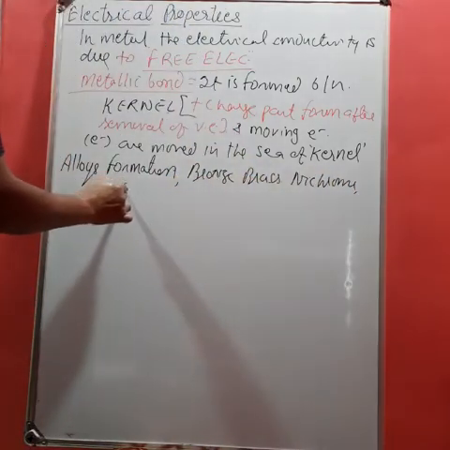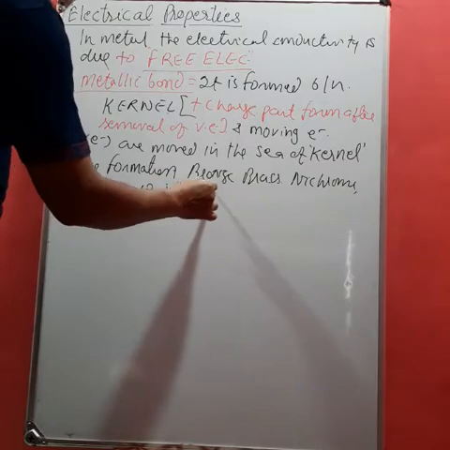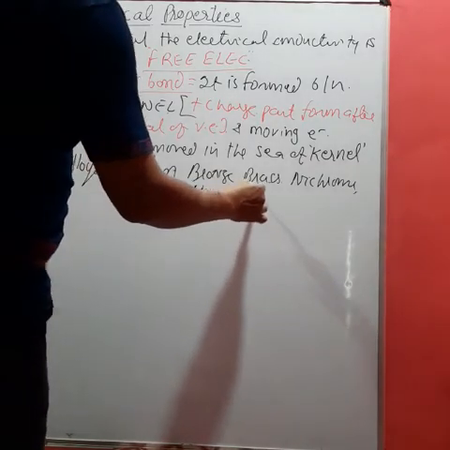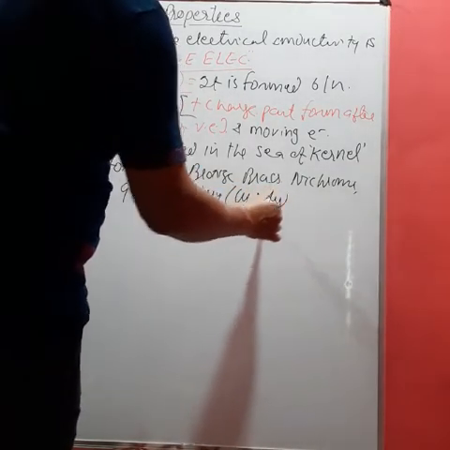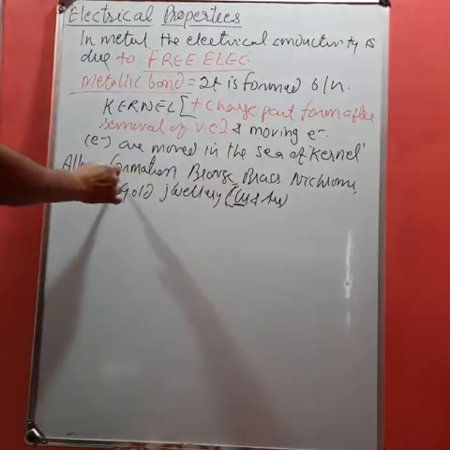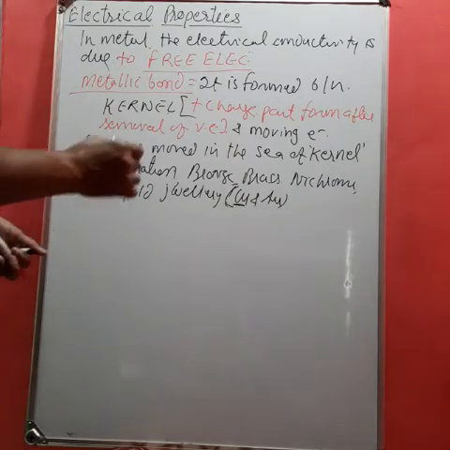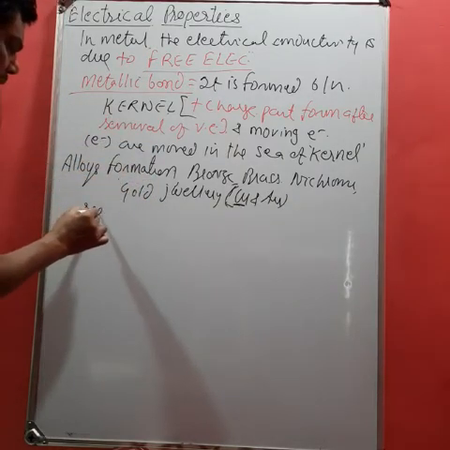Like gold jewelries. Gold jewelries are actually what? Alloys. They are alloys of what? Copper and gold. Some quantity of copper is getting added during the preparation of gold jewelry.